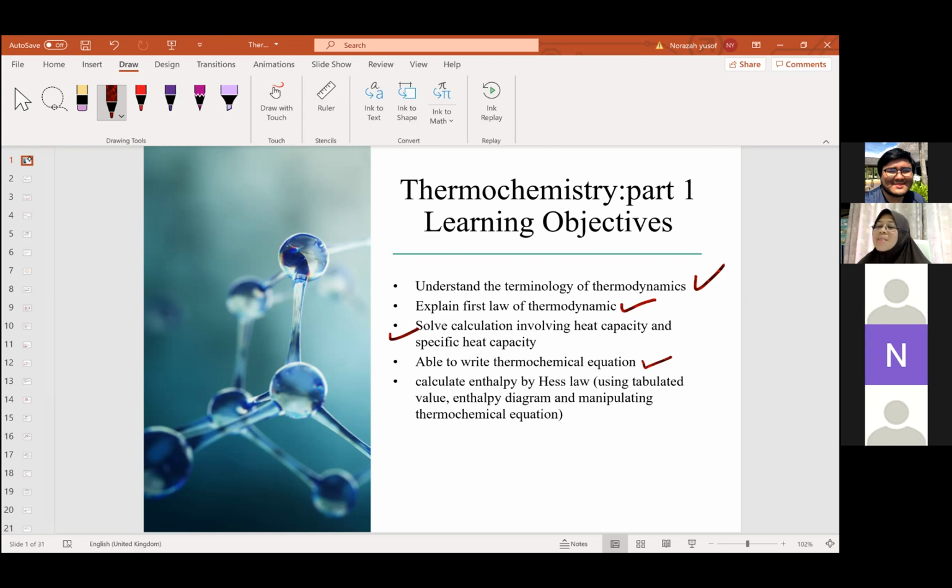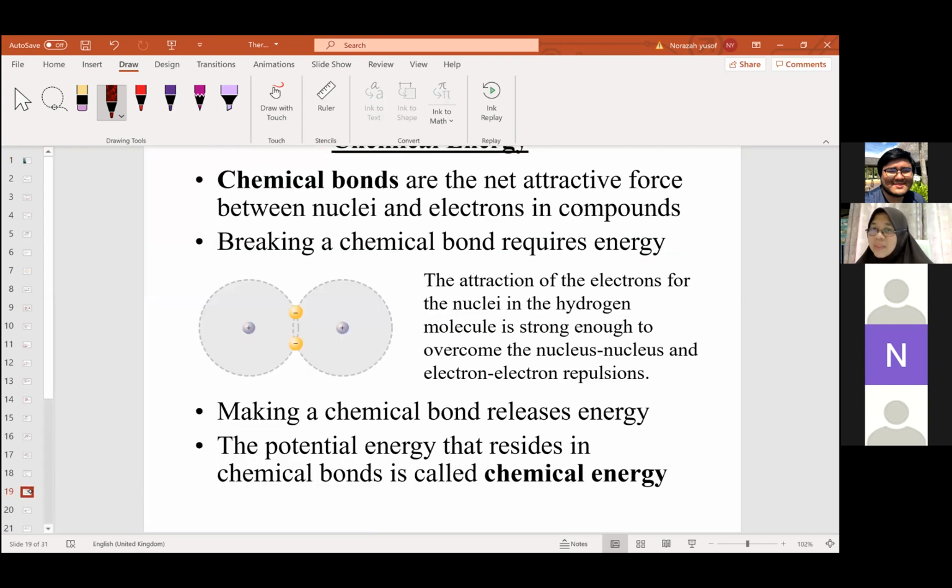Just now we were talking about a very general system, a general entity, not specifying a chemical reaction. Now we are moving to a chemical reaction and the heat of the chemical reaction. Remember, we are talking about the heat.